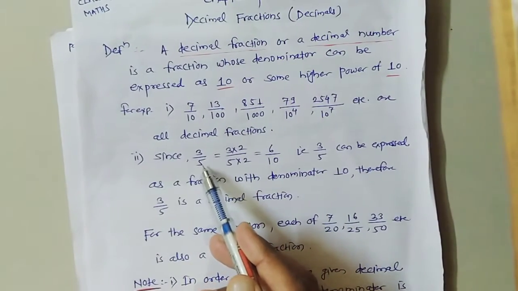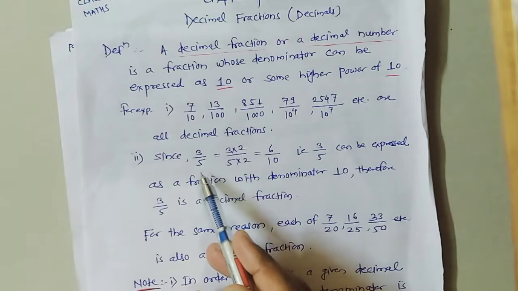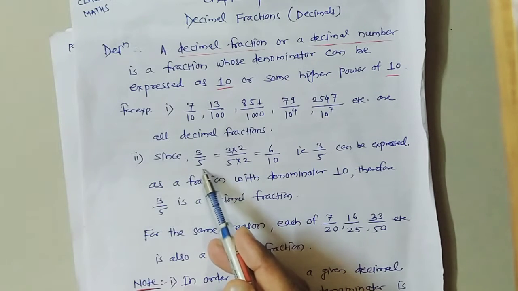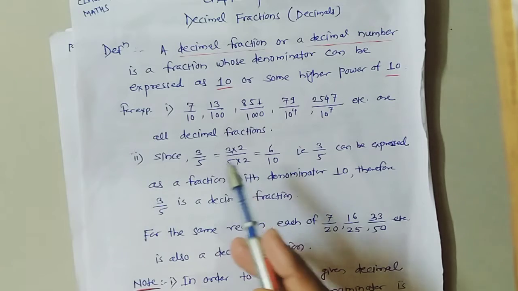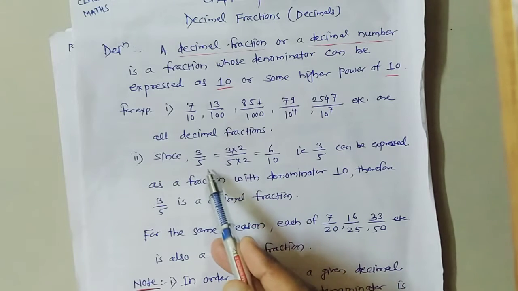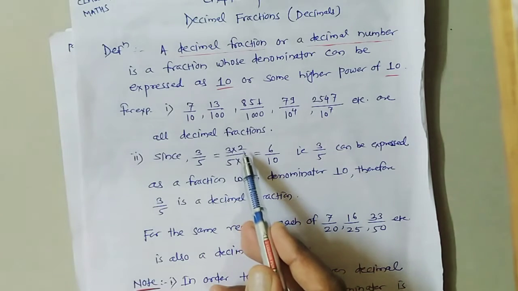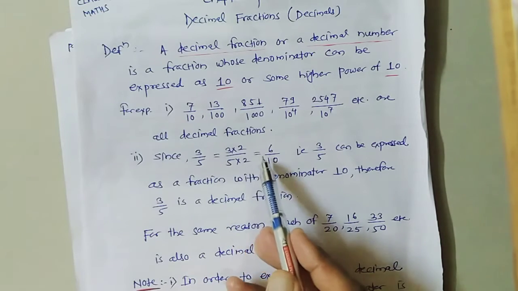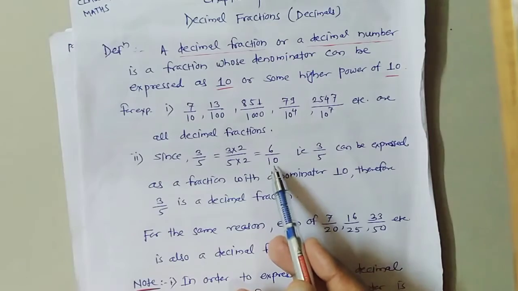Now 3 upon 5. In this fraction the denominator is 5. So you can express this denominator as a 10 or some higher power of 10. To express it, you have to multiply by 2. So numerator as well as denominator, 3 multiplied by 2, 5 multiplied by 2, which is equal to 6 divided by 10.